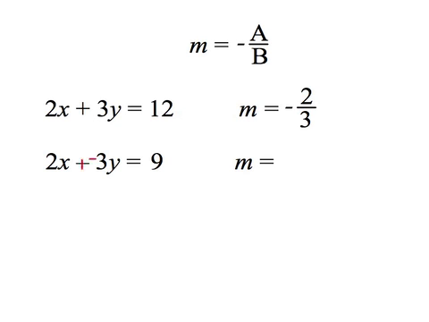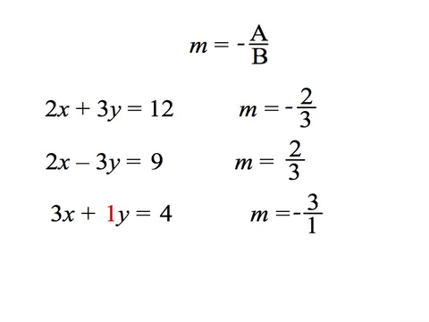And to help us remember that B is negative 3, we're going to change subtract 3y to add negative 3y. And then we have the opposite of 2 divided by negative 3, which we can simplify to just plain 2/3. And in our final example, we have 3x plus y equals 4. We remind ourselves that y is the same as 1y. The opposite of 3 divided by 1 then, in lowest terms, is negative 3.